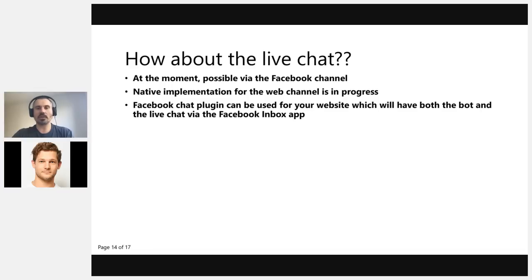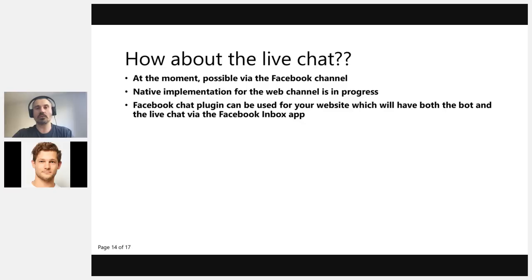It's the Facebook app, which is already installed on your clients' and also on the agent's phone. And at the same time, you can still use the web interface. So a person can interact from the device or from the website.